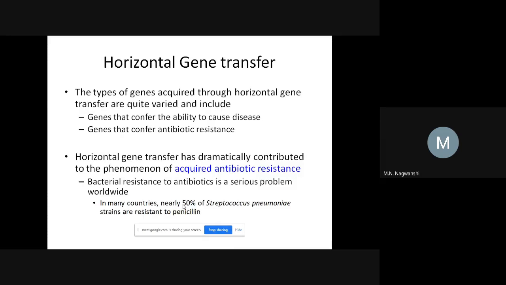But nowadays, if you give penicillin to a pneumonia patient, you do not see any recovery in the patient because the Streptococcus pneumoniae bacteria is now resistant to penicillin. Yes, students, are you able to understand?